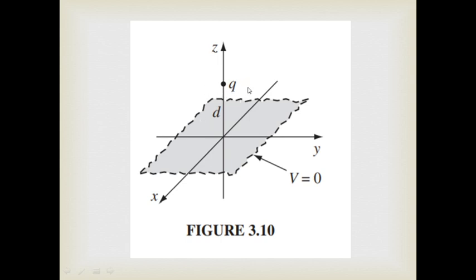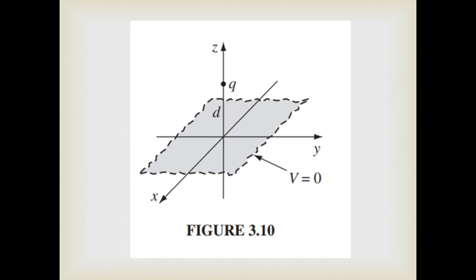Because of this configuration, what will be the solution to the potential at any point in this region of interest? We are interested in finding the potential at a particular point P, which has coordinates x, y, z. The coordinates of the charge q are 0, 0, d.